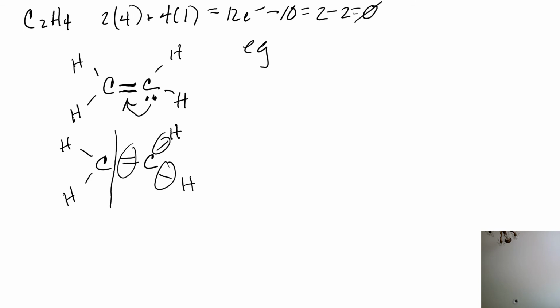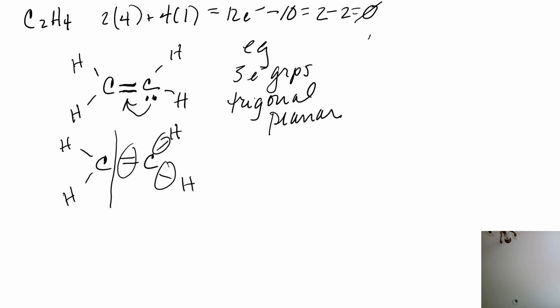So we have 3 electron groups, which corresponds to trigonal planar. In molecular geometry, we have 3 bonding groups and 0 non-bonding groups. So molecular geometry is also trigonal planar.